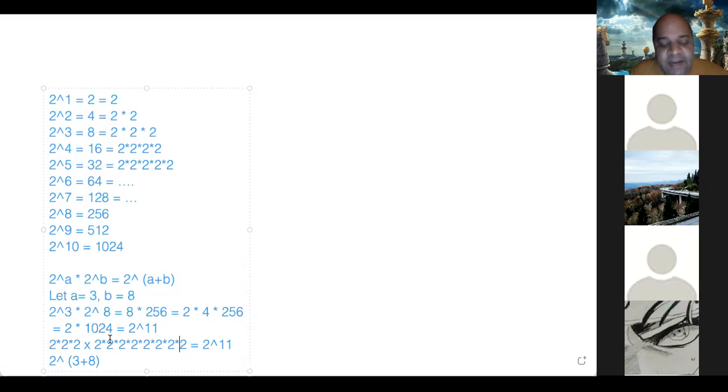And what is that? It will be exactly A plus B times. Because on the left side you are having 2 multiplied by itself A times. And then here you are having it multiplied by itself B times. And it is all 2 only. 2 into 2 into 2. So together you will get it multiplied by A plus B times.